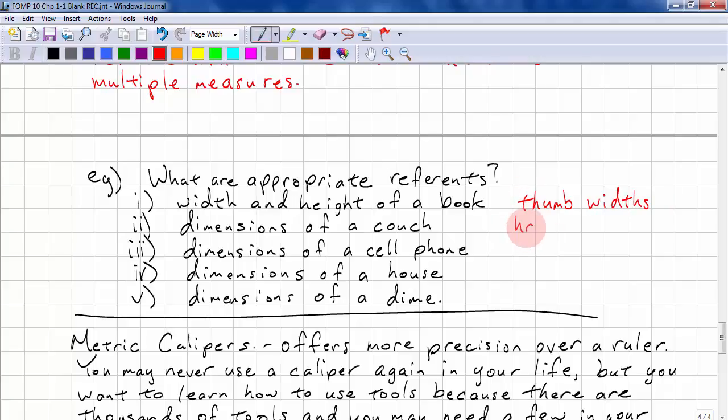You could use hands or forearm. Dimensions of a cell phone. Since cell phones are pretty small these days, you might have to go with pinky width. And to measure the thickness, you might need to use coins.